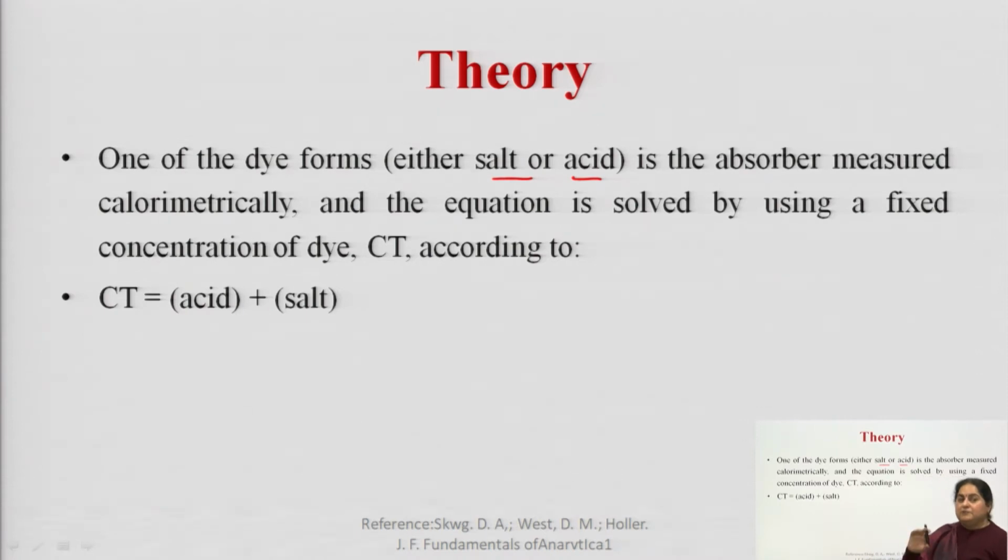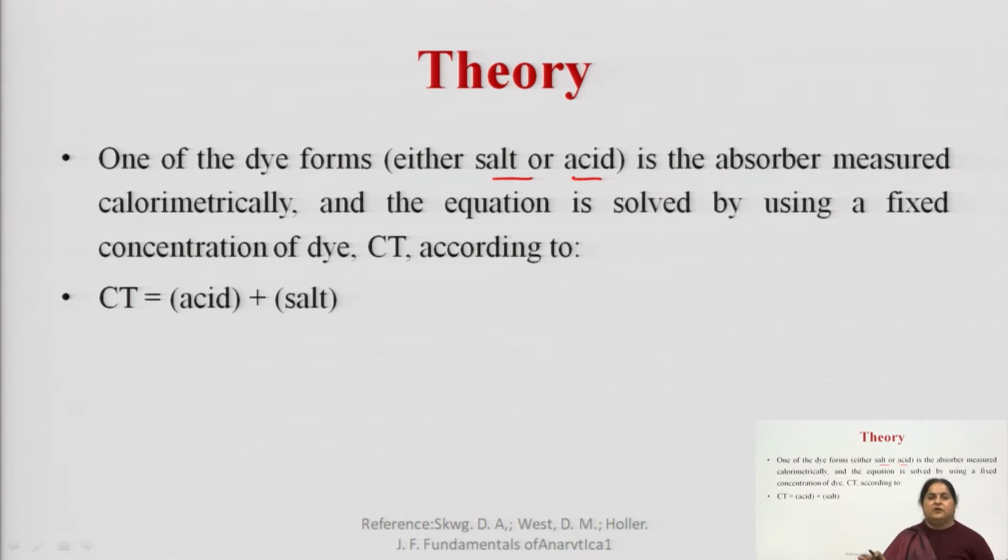So, it will absorb light at a specific lambda max, like different substances absorb light at different wavelengths. In the same way, the dye is in the salt form or the acid form, and it absorbs light at a specific wavelength, and the equation is solved by using a fixed concentration of dye, right.